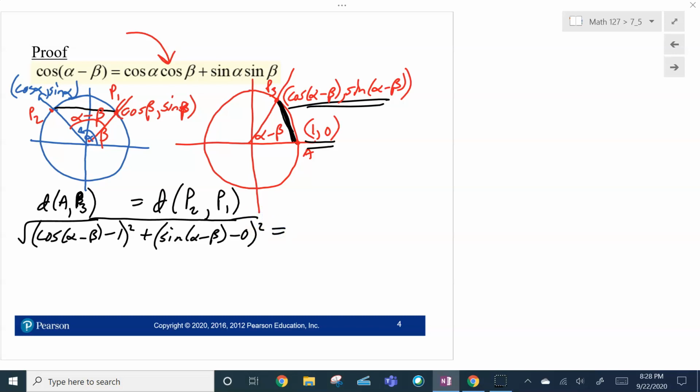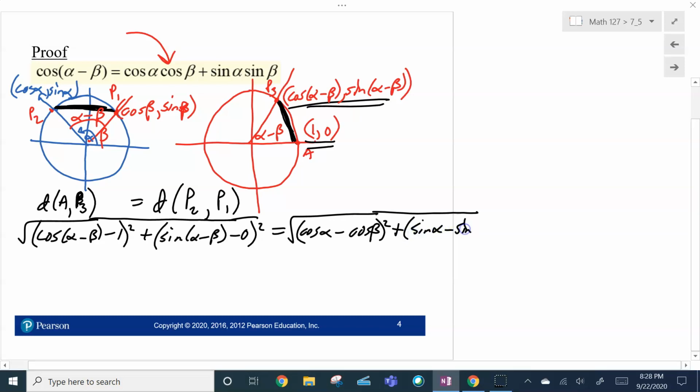That's supposed to be equal to, now I'm doing this one over here, that distance. So over there I got cosine alpha minus cosine beta, x2 minus x1, quantity squared, plus y2 minus y1, so sine alpha minus sine beta quantity squared.